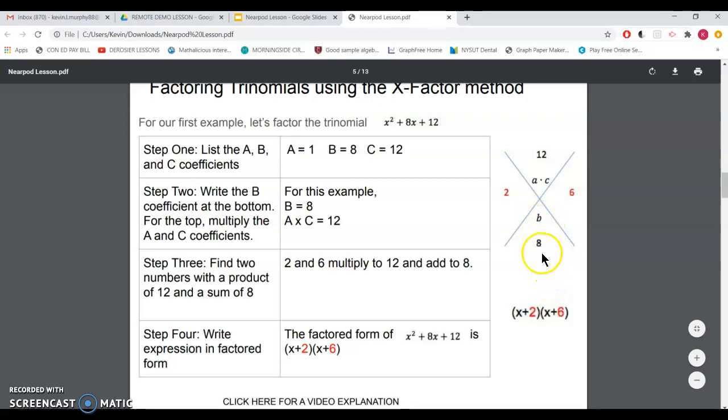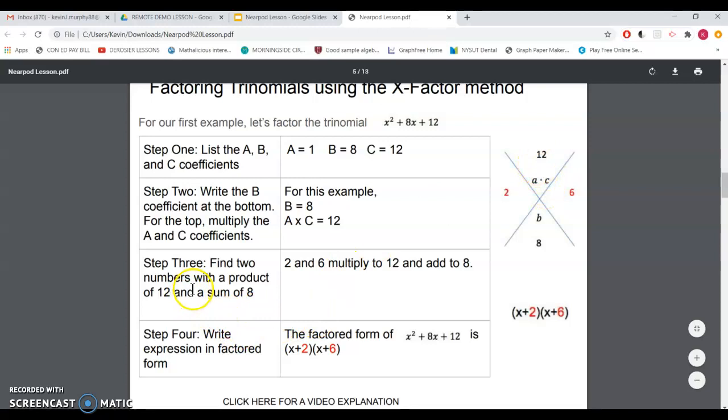The b coefficient was 8, as we mentioned earlier, so we're going to write 8 down here. And then a times c, we're going to take our a coefficient 1 and multiply it by c, 12. 1 times 12 is going to be 12. So we have the x-factor diagram starting to come together.